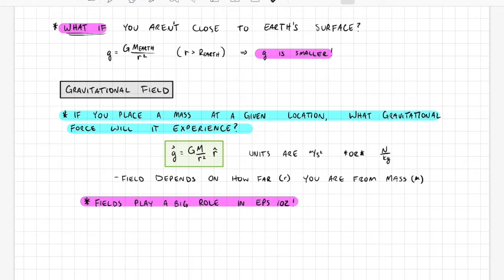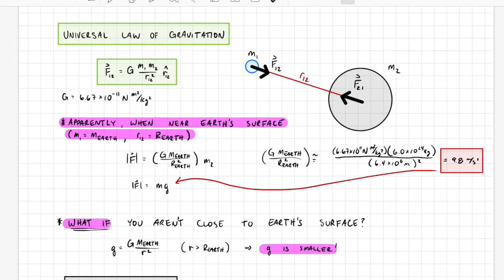Now, fields are going to play a really big role in 102 as we begin to think about electricity and magnetism. And the reason why they play such an important role in 102 is that we don't have a similar analog to gravity in 102 with respect to electricity or magnetism forces. In 101, almost all of our problems include the Earth as one of the masses in this expression up here.